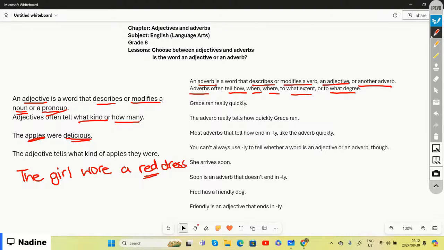And if we look at an example, it says Grace ran really quickly.